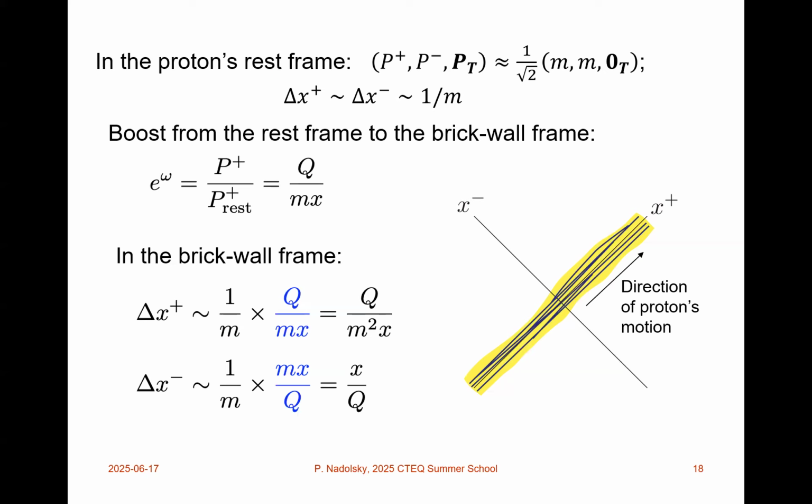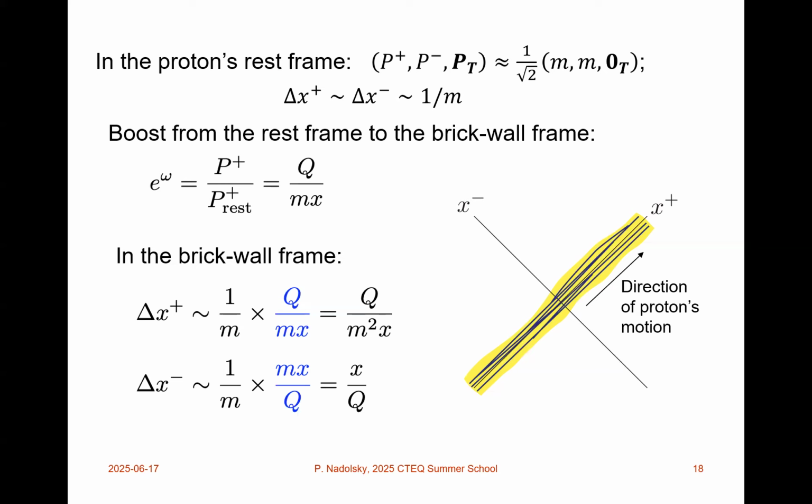The boost factor, you can prove it at home, goes like Q over M times X. M is the mass of the proton, right? So in the brick wall frame, delta X plus will be scaling like Q over M squared over X. Delta X minus will be scaling like X over Q.